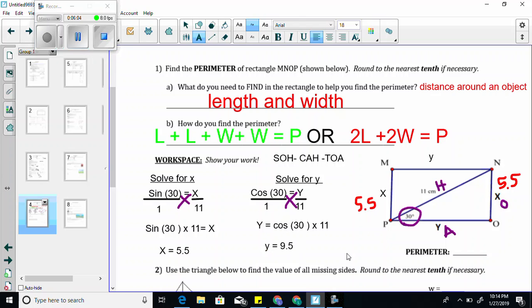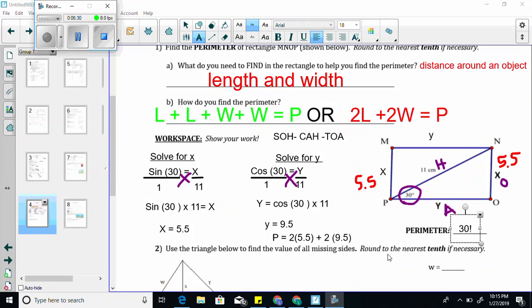Now, I can either type in 9.5 plus 9.5 plus 5.5 plus 5.5 all in my calculator, or I can type in P equals 2 times 5.5 plus 2 times 9.5 and get a perimeter of 30. So here's a great real-life example of when we can use trig functions.